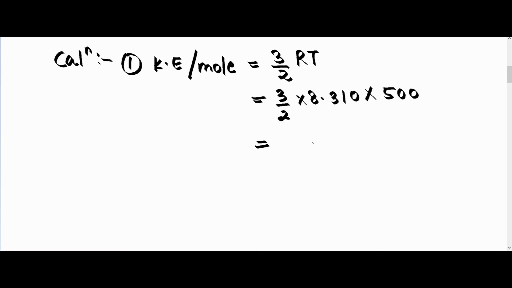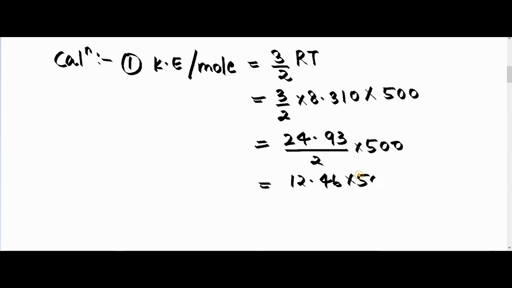On performing multiplication of 3 into 8.310, we will get the value 24.93 divided by 2 into 500. On performing division, 12.46 into 500, and the final answer we get is 6230.